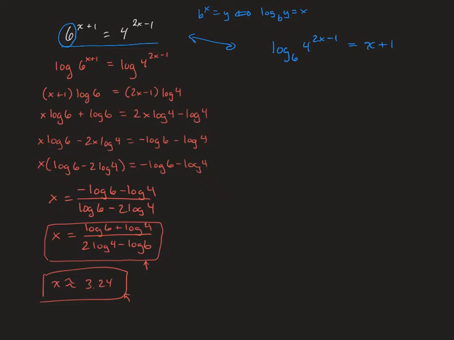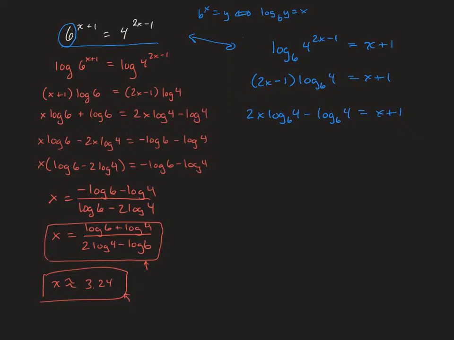The next step is the same type of thing. Using the log of a power, I'm going to put 2x minus 1 out in front: (2x minus 1) log base 6 of 4 equals x plus 1. You'll notice with this method, we don't need to work with two or more logs on either side. We've just got the log on the one side, but I'm still going to distribute. So 2x log base 6 of 4 minus 1 times log base 6 of 4 equals x plus 1.